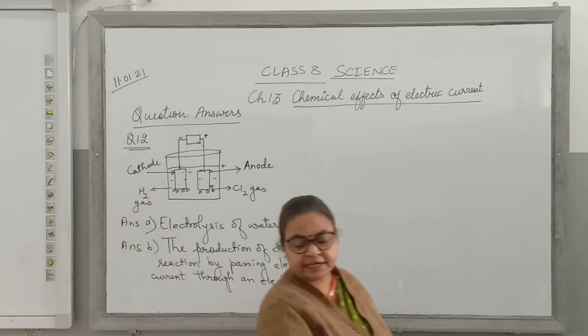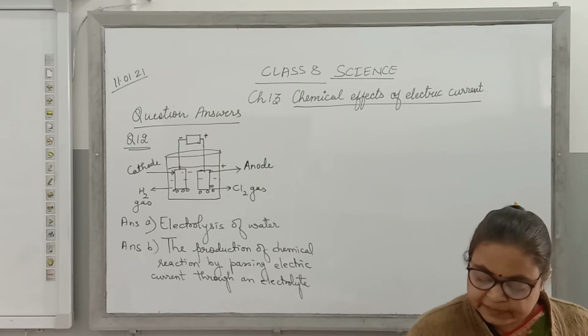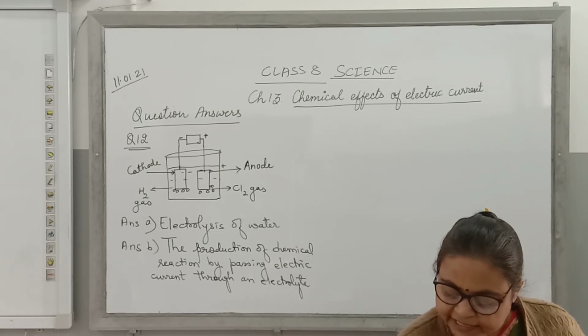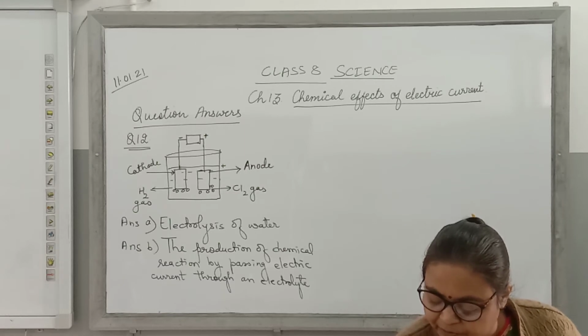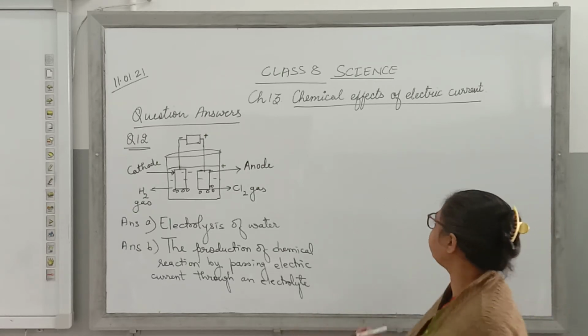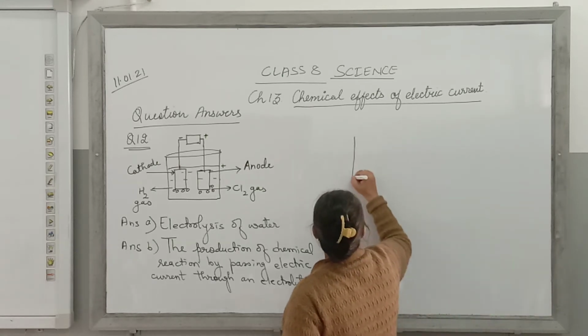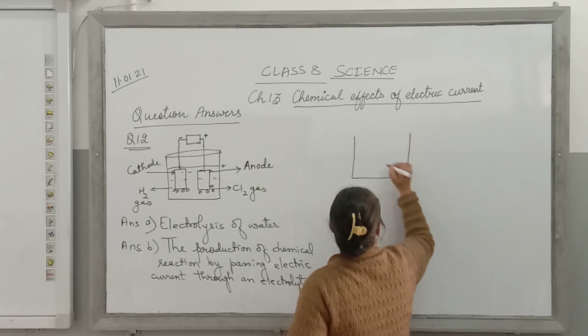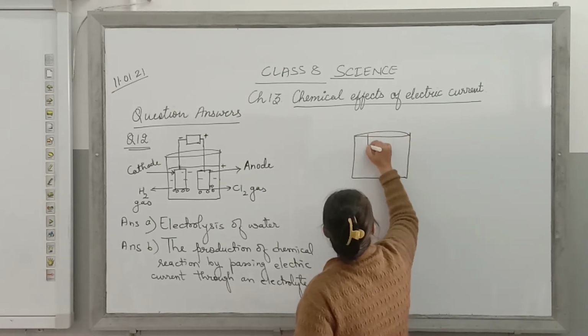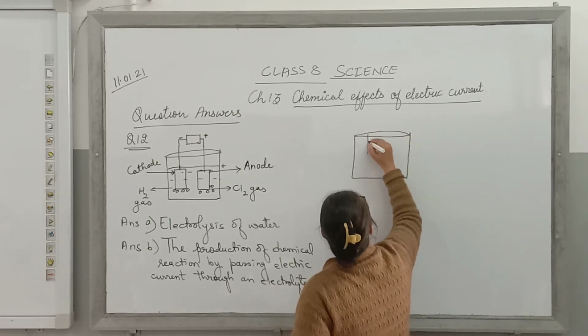Now let us read the second question. In the adjacent figure, label the parts shown by arrows and then answer the questions given below. Again, we have to label the diagram. Diagram consists of a beaker. In this, there is a spoon.